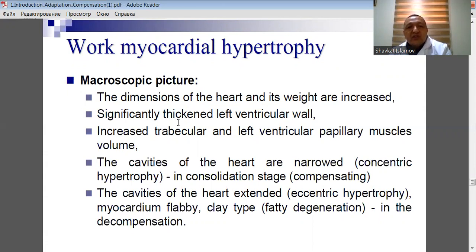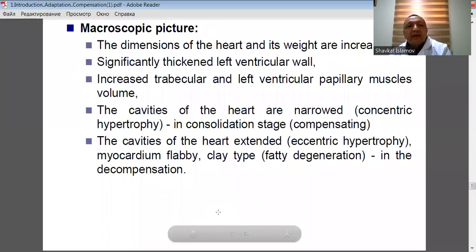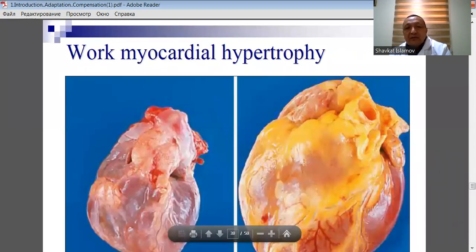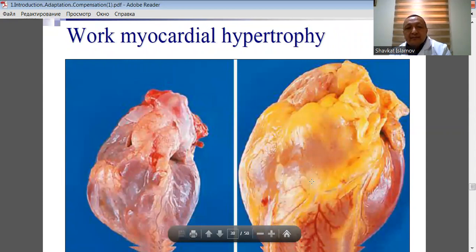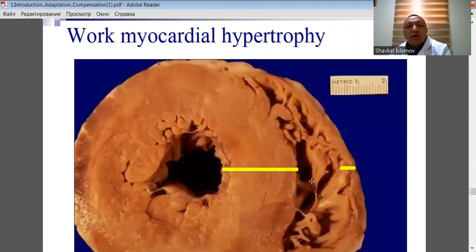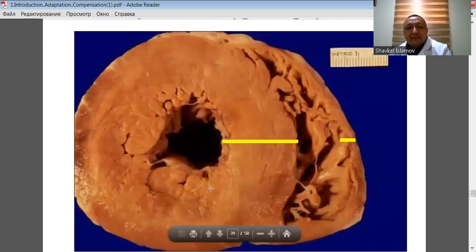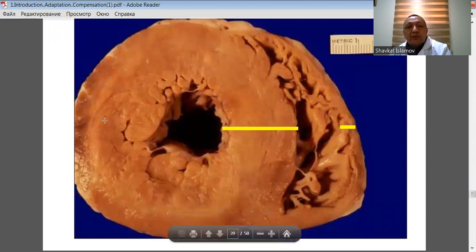Significantly thickened left ventricular wall, increased trabecular and left ventricular papillary muscle volume. This is the consolidation stage. In the decompensation stage, the cavities of the heart are extended and the myocardium is flabby, clay type. Working myocardial hypertrophy.